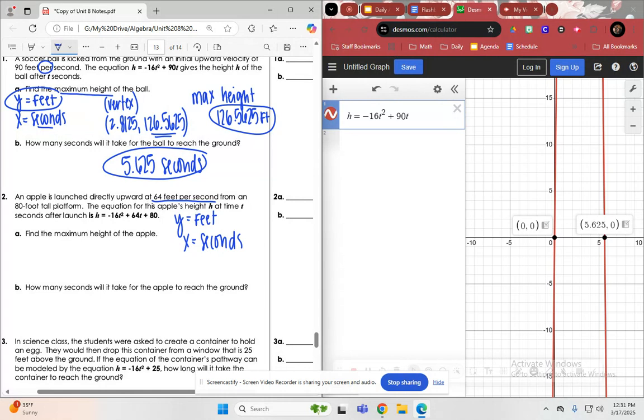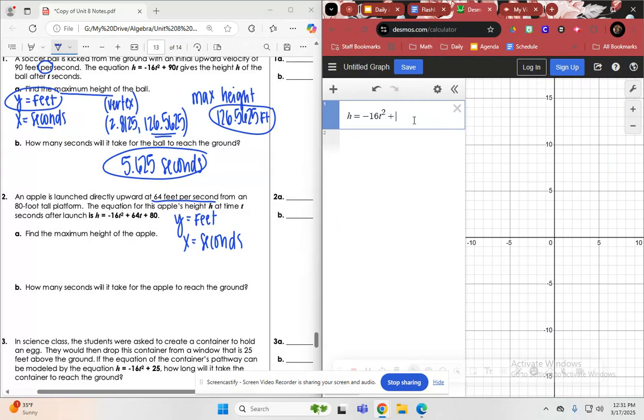So they are on an 80-foot platform. The equation for this apple's height, h at time t seconds after launch, is h equals negative 16t squared. So our equation is very similar. We're going to change that to plus 64t plus 80.